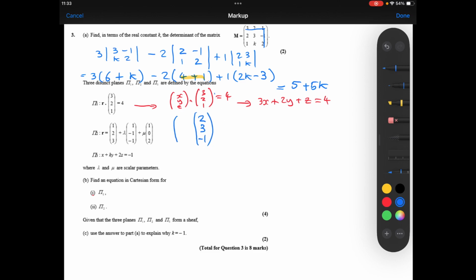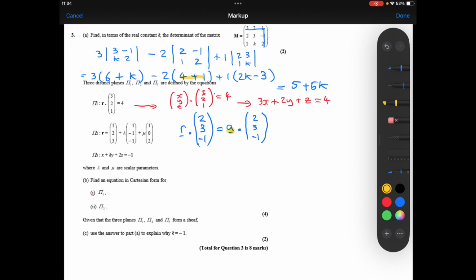So I can now write it in its vector form. So we've got r dot the normal vector equals a dot the normal vector.